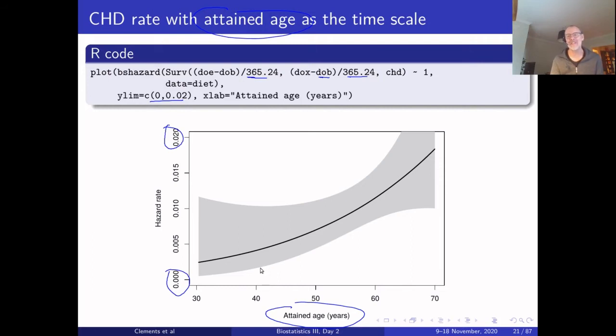That is not that surprising based on our understanding of the disease, where incidence increases with increasing age. So this is a strong indication that we would prefer attained age as the timescale over time in study.